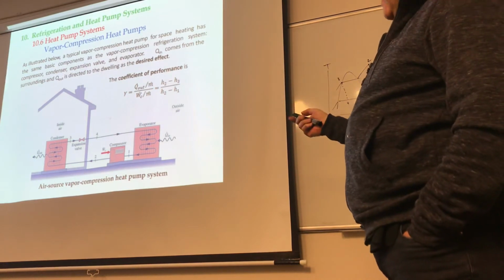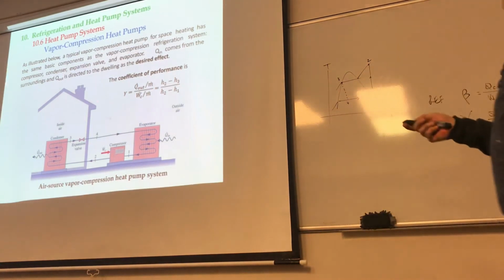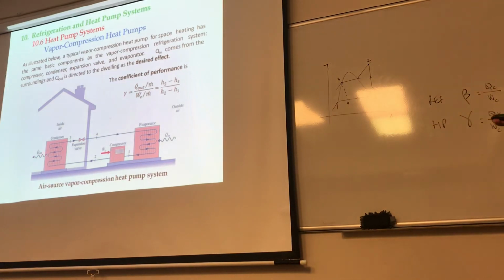And for the heat pump, it's obviously gamma, which is the Q out now, as opposed to Q in for refrigeration, right? You don't care about how much you're cooling the surrounding air here. It's how much heat you're dumping into your space that you want to heat. So that becomes Q out divided by WC, which is H2 minus H3 divided by H2 minus H1.